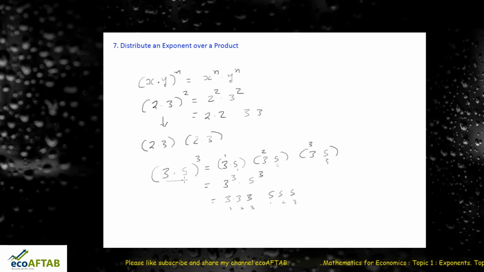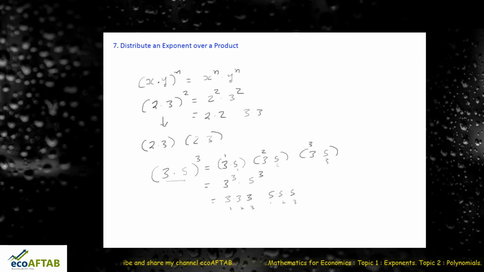So (3×5) cube we can directly multiply by itself 3 times, or we can make use of the exponent distribution rule and say (3×5) the whole cube is equal to 3 cube into 5 cube.